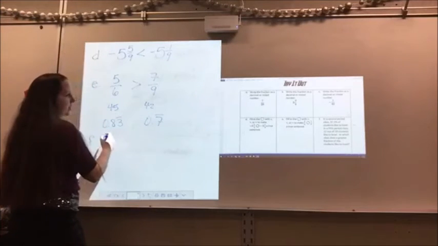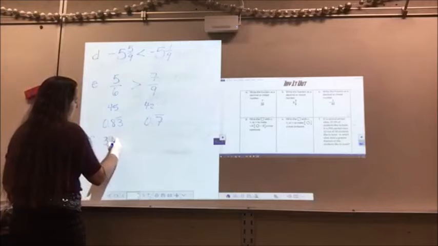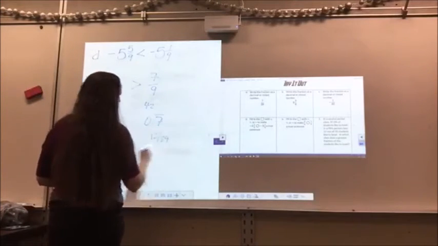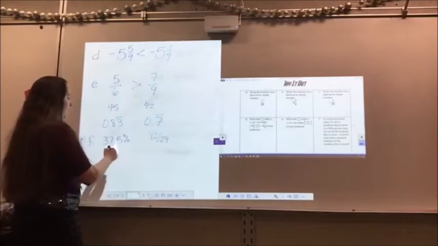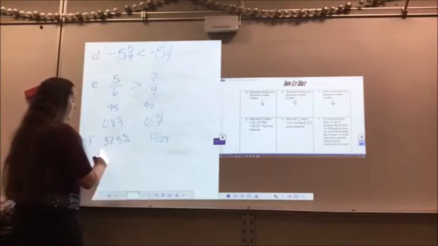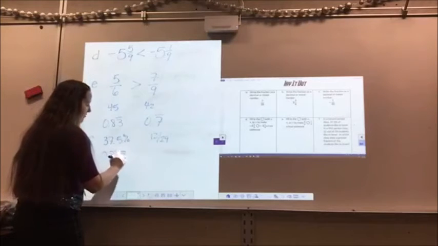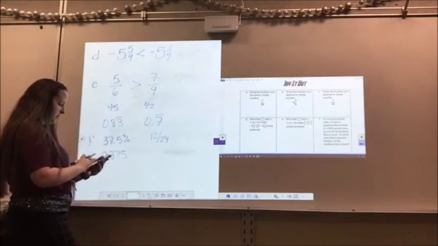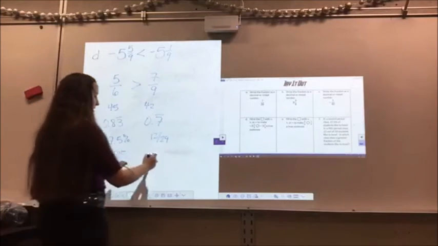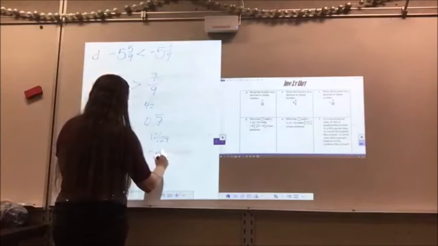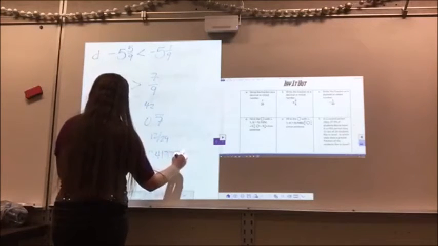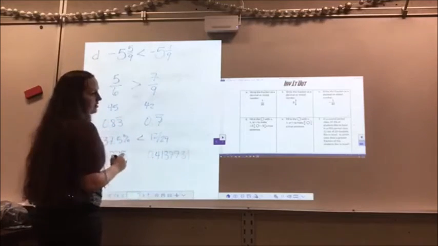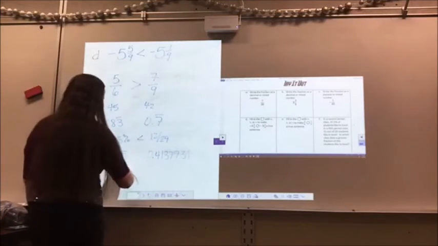So I have 37.5% and then I have 12 out of 29, so those are the fractions that you're comparing. 37.5% is 0.375. 12 divided by 29 is 0.41379131. So 12 out of 29 is bigger, so that means the fifth period class.